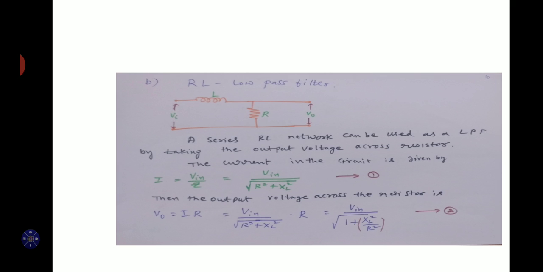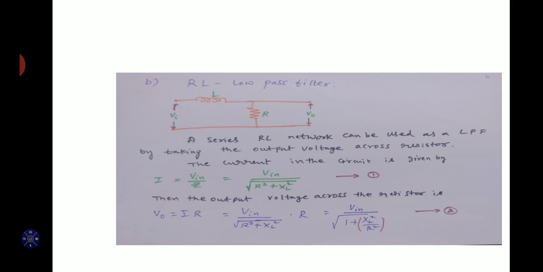At this state, the output voltage V0 measured will be nearly equal to the input voltage Vin, as the maximum voltage is dropped across the resistance only. As the frequency is increased, the value of XL also increases, because XL equals omega L equals 2 pi FL.